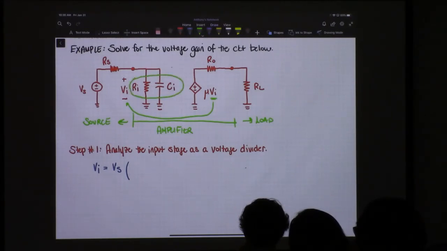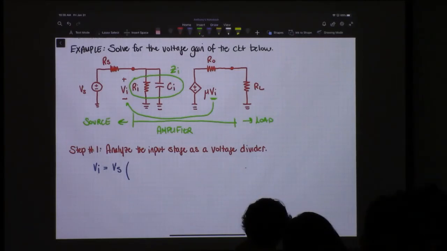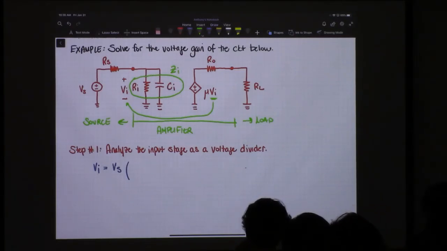And I'm going to call this ZI. So we haven't defined exactly what it is. I'm just saying that we can put these two together in parallel and call it ZI. We know that we can combine impedances in parallel, so we will be able to do it. But we haven't gone through the math yet.